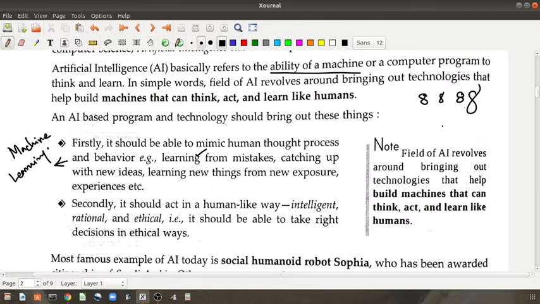So the computer is like a small infant. We keep teaching the kid that, see, this is a pencil, this is a pen. If you want to teach your program how to recognize a pen and distinguish it from a pencil, then you have to give the program thousands and thousands of pictures of pens and pencils, and label them as pen. So the program is going to see one picture and see what is the corresponding label that you have given.